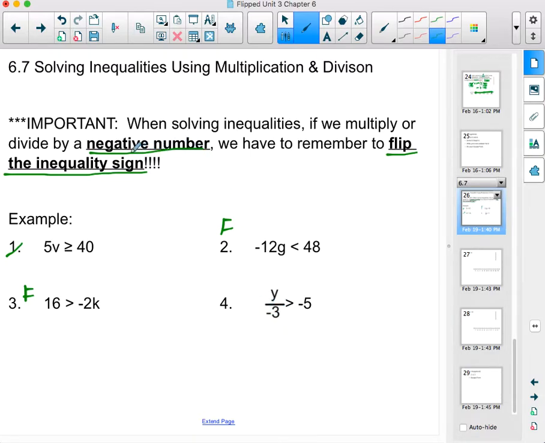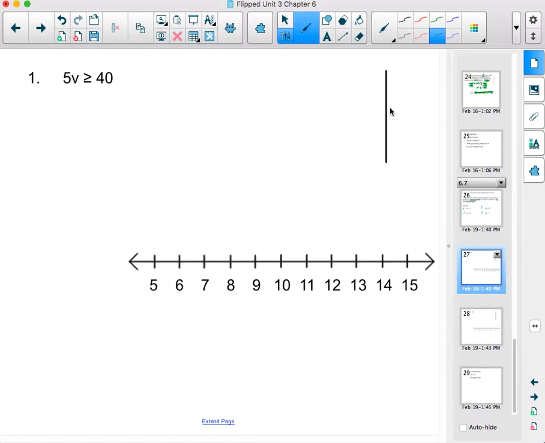So we are now multiplying by a negative number, which means we will also have to flip the inequality sign when we solve this one. We're going to do 1 and 2 together today. You're going to be responsible for 3 and 4. Let's pay really close attention to make sure that we know when to flip and when it's not necessary.